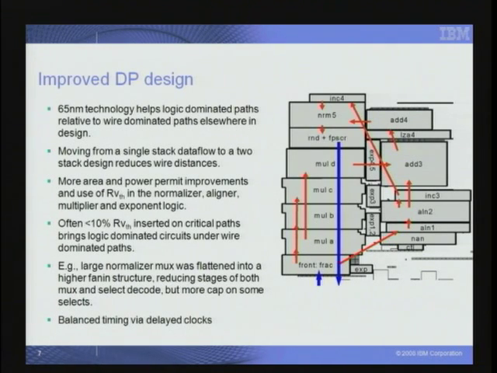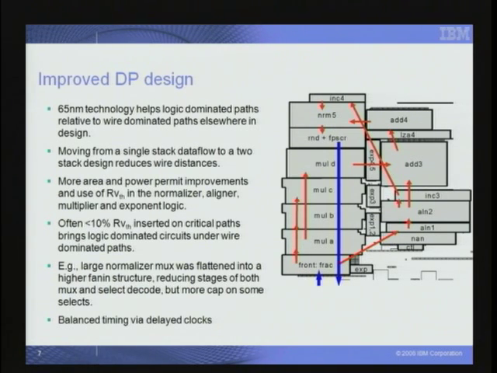So how did we do this miracle of 13 cycles to 9 cycles? As you progress in technology levels, the transistors are getting faster than the wires are in a normalized sense. So one thing that you do is you put more transistors per cycle, and then you have to work on trying to contain your wire-dominated paths.